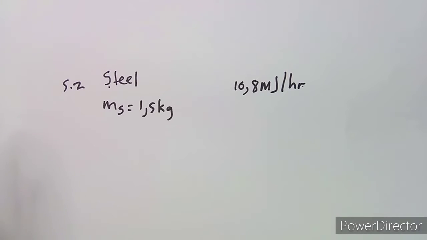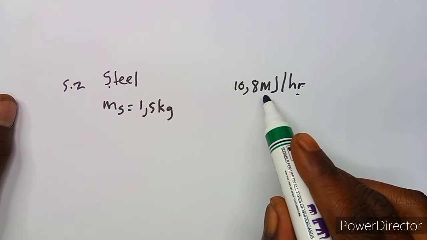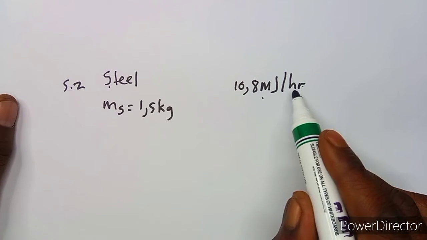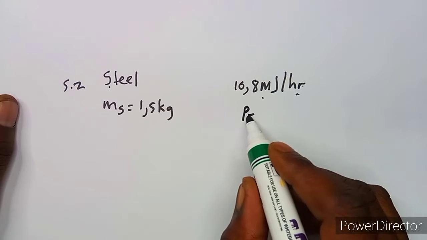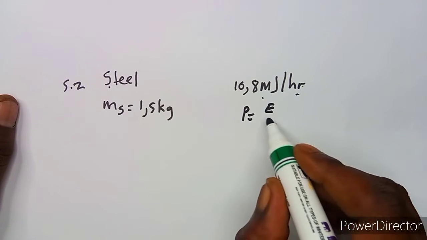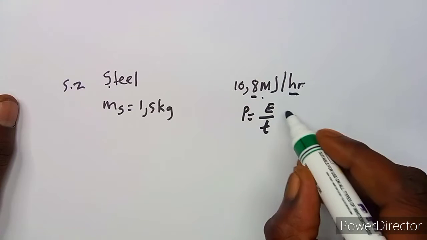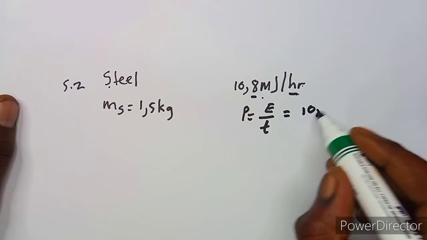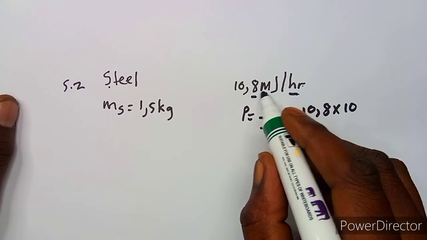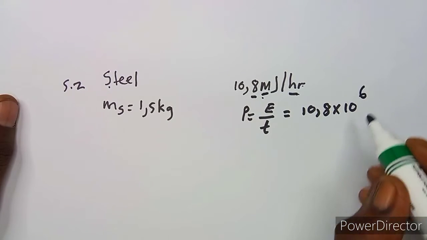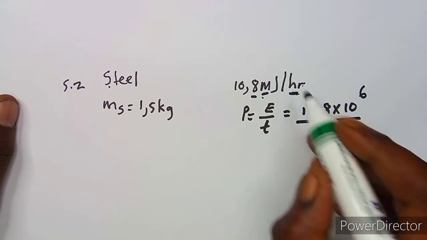So we can obtain the power here, because remember, power is energy over time, the energy per hour. The energy is 10.8 times 10 to the power of 6, over 1 hour.